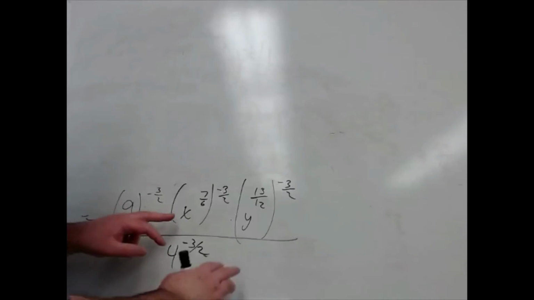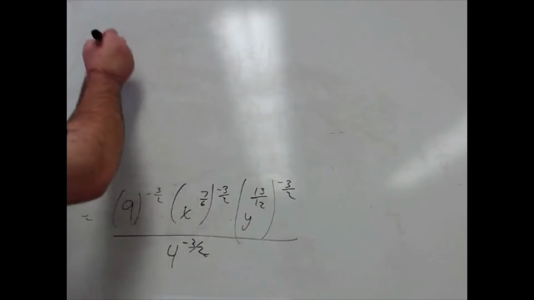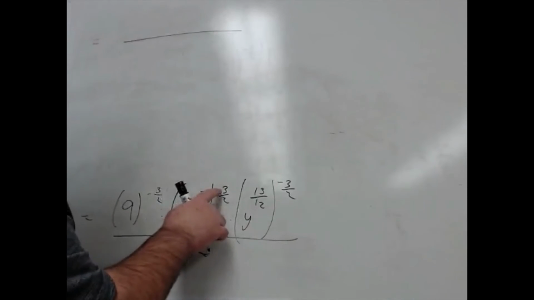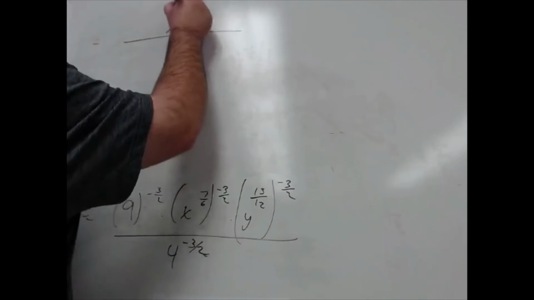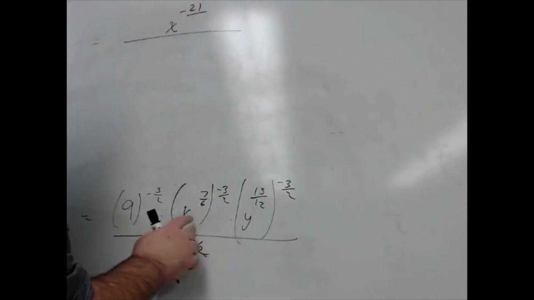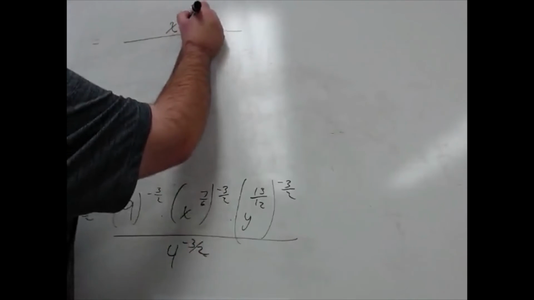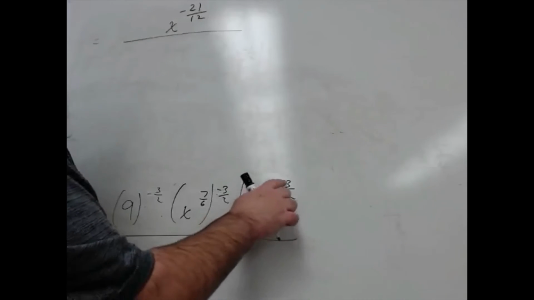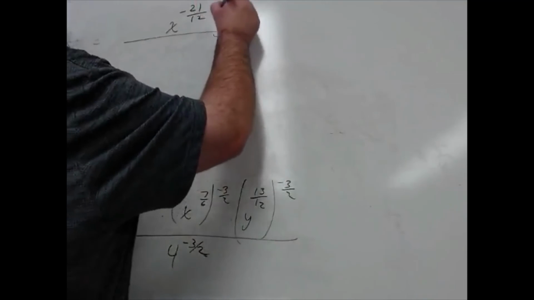So for this x term here, I'm going to do 7 times negative 3, which is negative 21. 6 times 2 is 12/12. And then for this term here, 13 times negative 3 is negative 39.